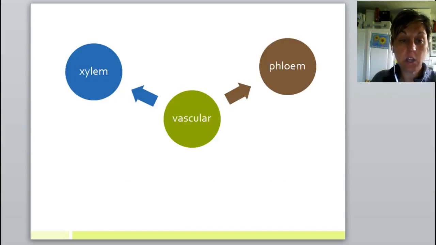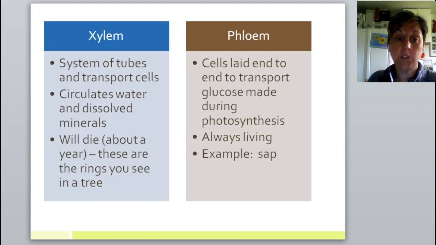When we start talking about vascular plants, we've talked a little bit about xylem and phloem. Vascular plants have those two components. The xylem is a set of tubes that helps with transportation within the plant. The xylem helps to circulate water and dissolved minerals through the plant. The xylem will eventually die, and we can see examples of xylem if we were to cut down a tree.